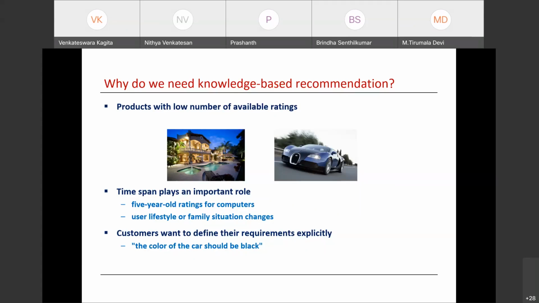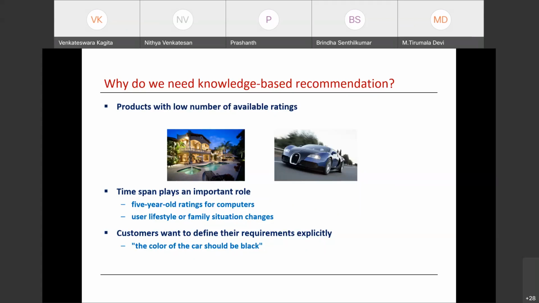5 years back, your requirement may have been a four-seater car. Now your requirement may be a seven-seater car. And 5 years back, computer ratings don't make sense now. 5 years back, 8 GB was a very good system, but now 8 GB is very normal.